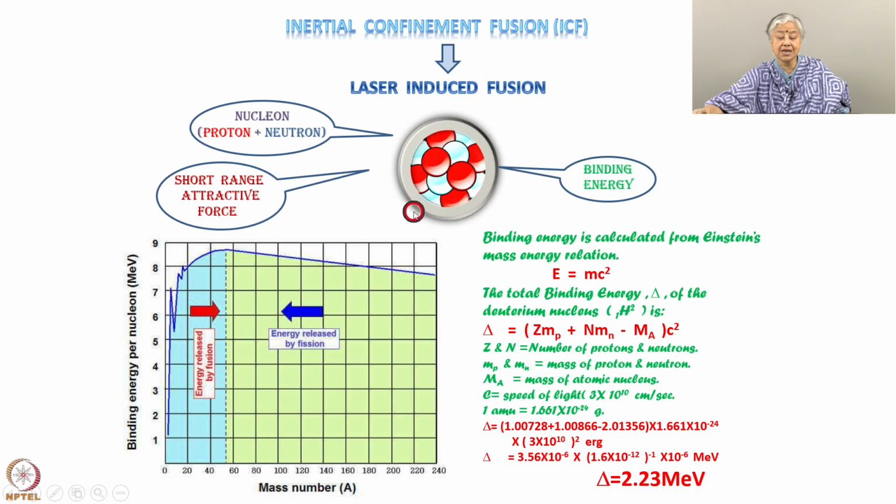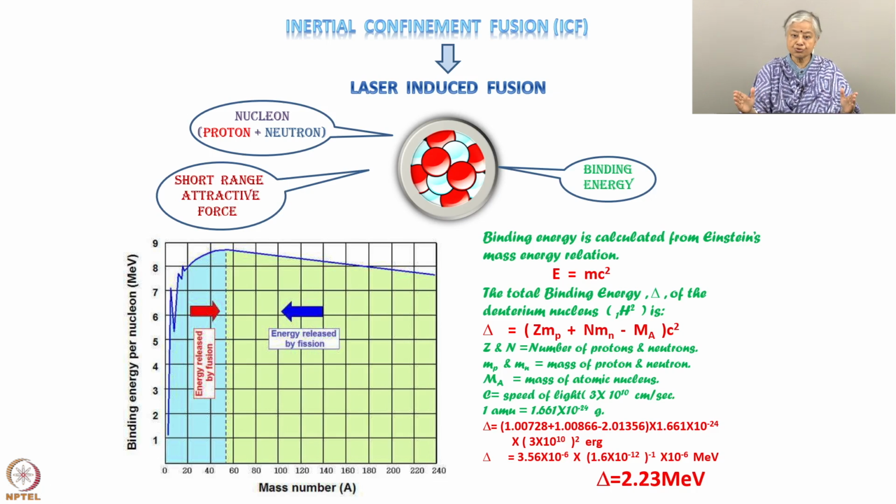So, we must understand this nucleus a little bit more in detail. This nucleus consists of protons and neutrons, and you would think the protons, say the red ones, are positively charged, and they should just be flying apart.